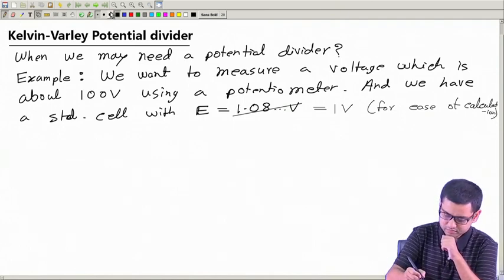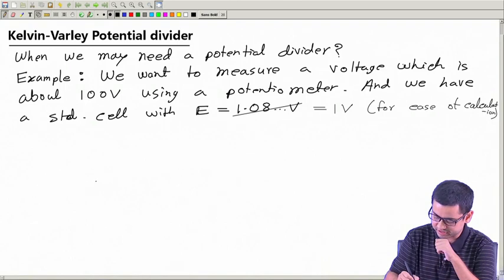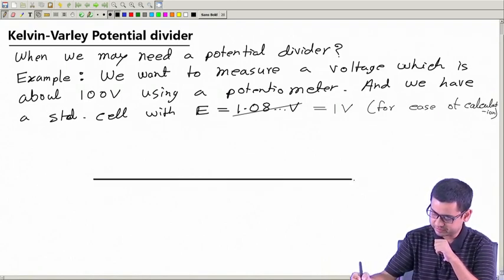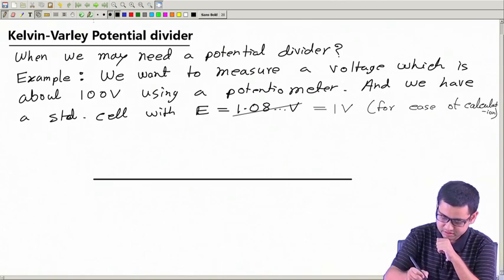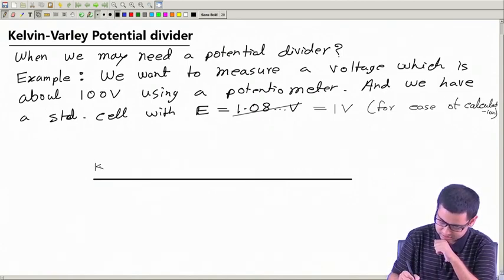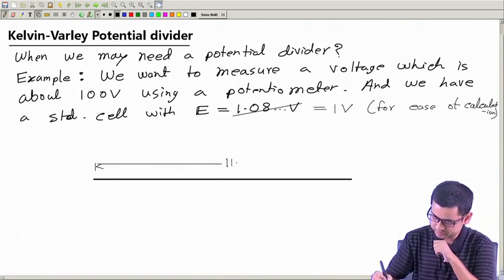Now, suppose the length of the potentiometer wire is 11 meter. Say this length is 11 meter.